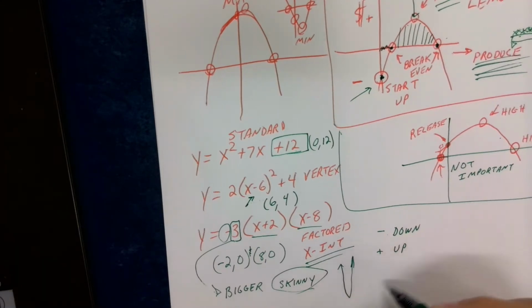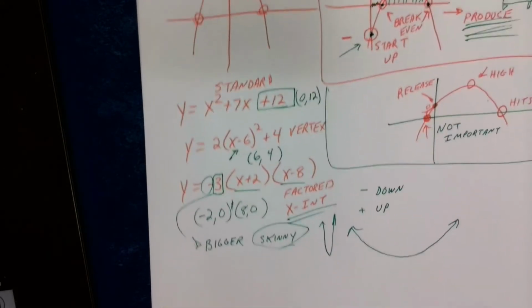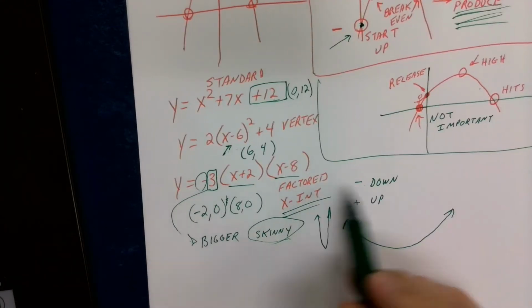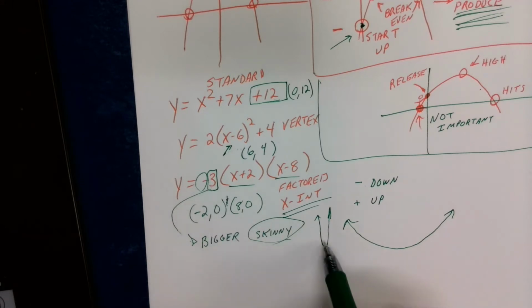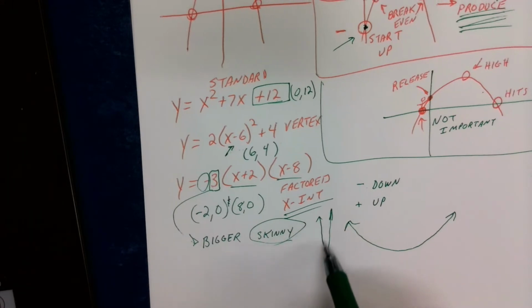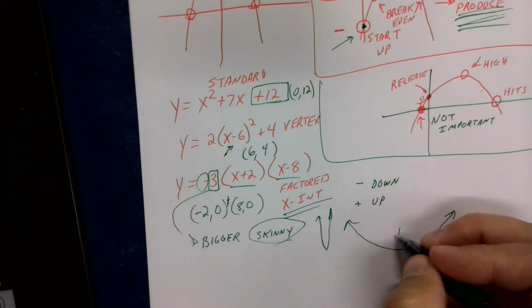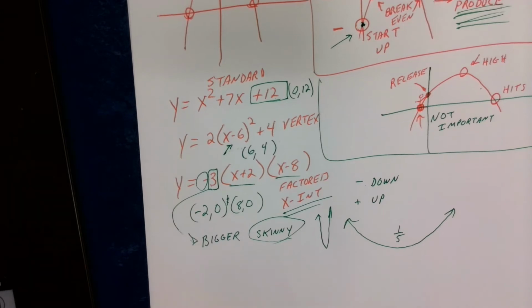This one grows really slow, like that. So the bigger the number in front, remember, ignore the sign. The sign makes it move up or down. But the bigger the number in front of it is going to make it skinnier, or grow faster, or steeper. Slower or wider, like the leading coefficient for this one might be like 1/5. It's going to be really slow growing on that. Okay?